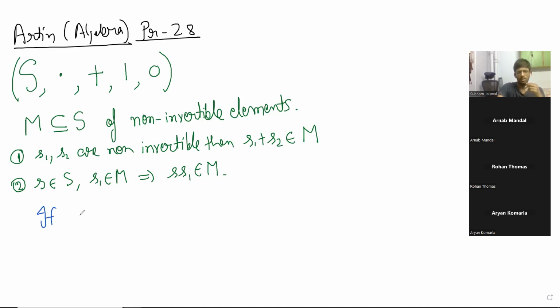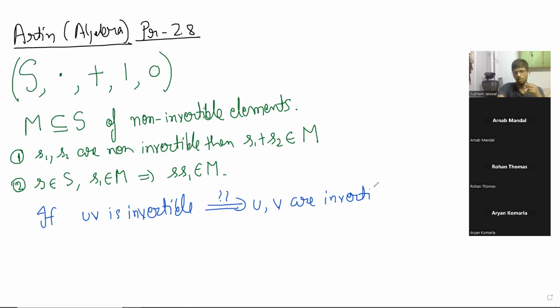If UV is invertible, then does it imply that U and V are invertible? Similar conclusion we are trying to achieve.